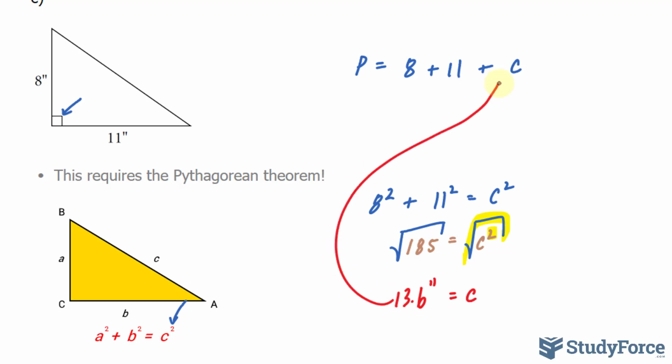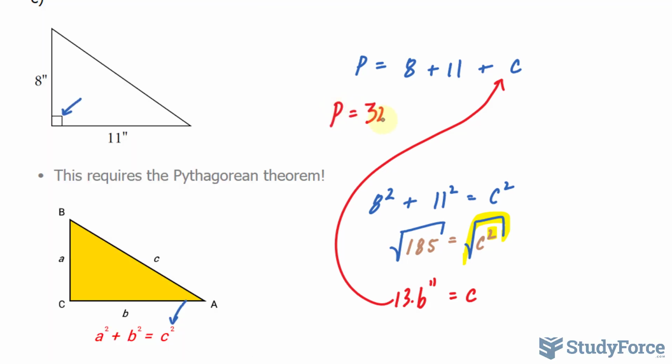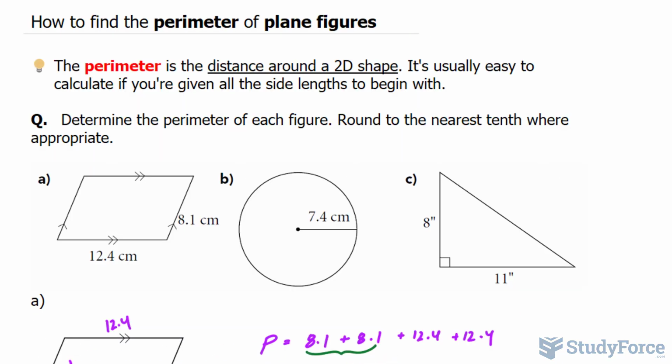I'll take this number now, place it right into where I see the C. So I'll add 8 plus 11, and my perimeter is approximately 32.6. 32.6 inches. So there you have it. 3 examples on how to find the perimeter of plane figures.